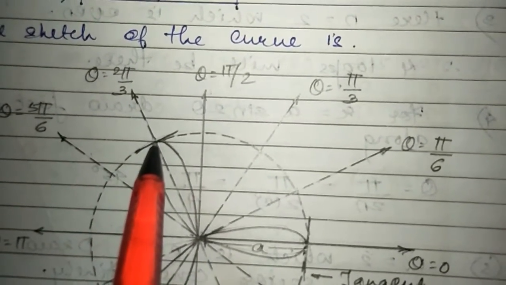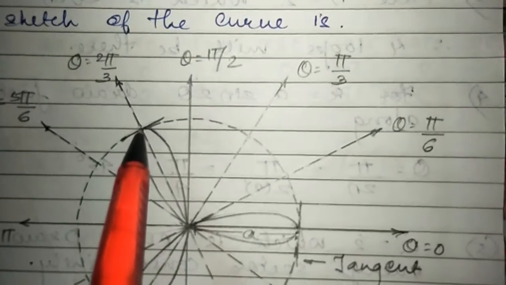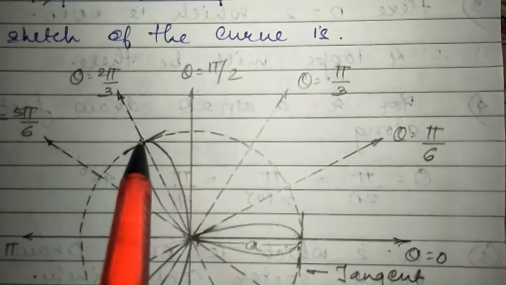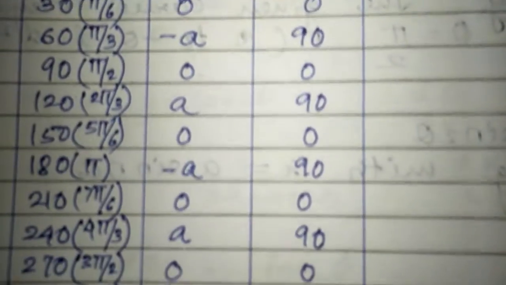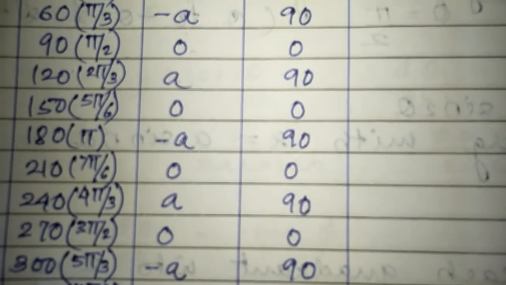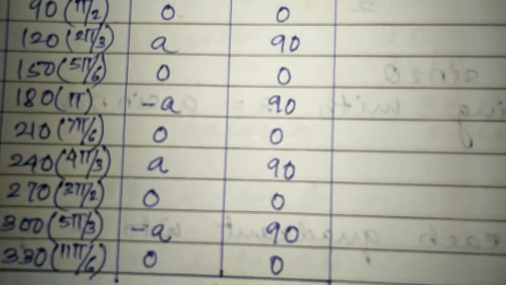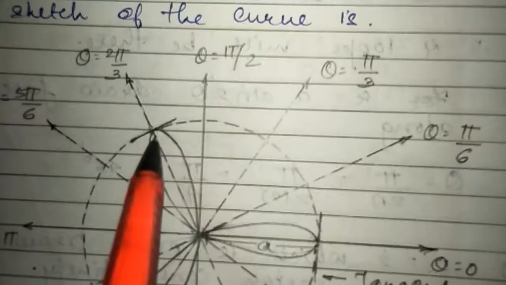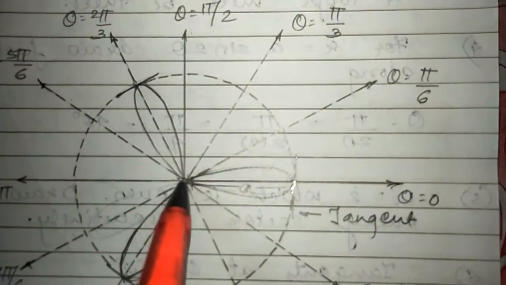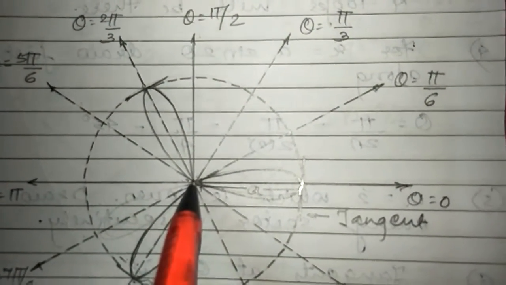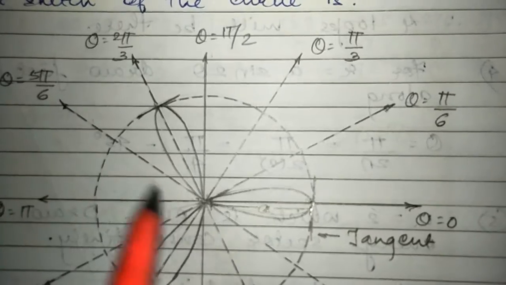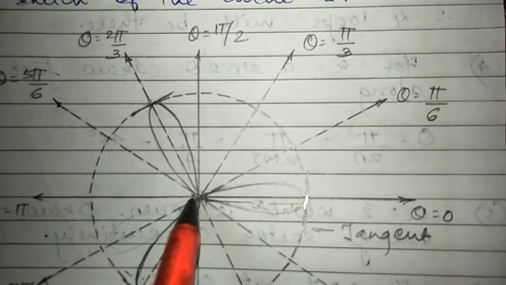This is theta is 2 pi by 3. We have it as a. Then for 5 pi by 6, that is 150 degree, we have again r as 0. So the curve will be from this point to this point. Again we have it as 0. This is 5 pi by 6. For 5 pi by 6 it is 0.